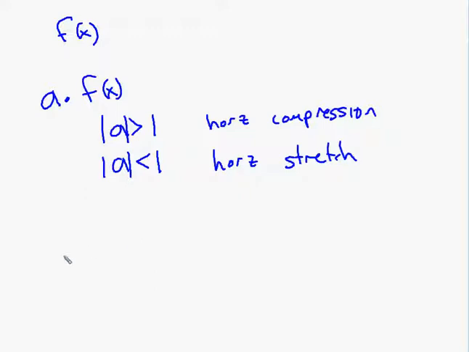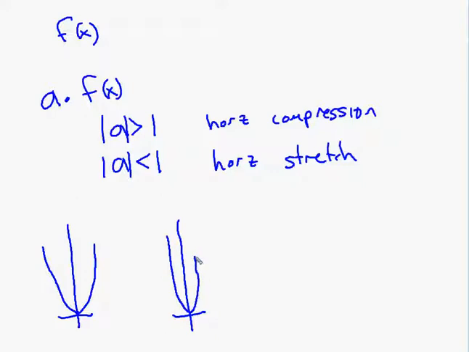So basically, if I had something like this is what I started with, a function like this. And I multiplied it by an a that's bigger than 1, then it's going to narrow it. It's going to smush it. And if it's less than 1, it's going to stretch it out.